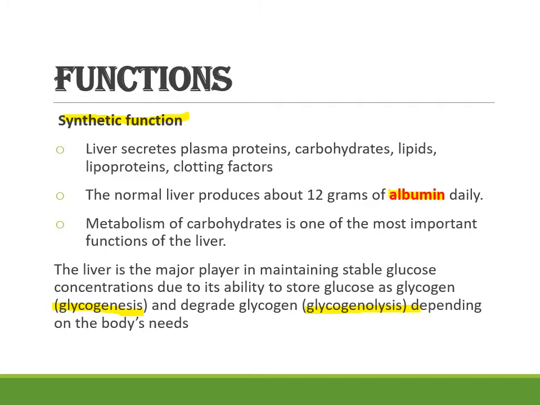And when you talk about glycogenolysis, from the word lysis, which means the breakdown, this is a process in which glycogen is being degraded or broken down to glucose, so that glucose will be converted to ATP for energy production.